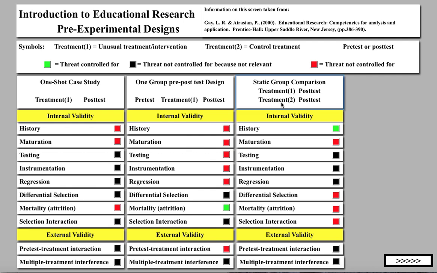So these three are examples of pre-experimental designs. Generally very weak. You can see they control for almost nothing in terms of internal and external validity. But the static group comparison does have some utility if you're interested in just exploring an idea.